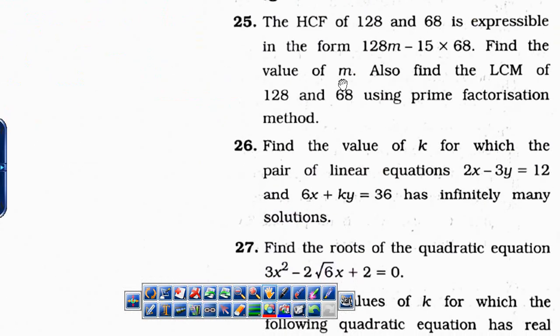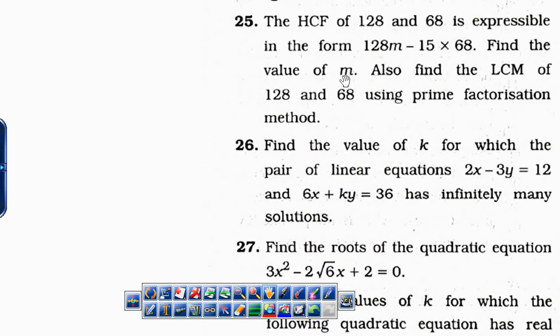Section B, 2 markers. HCF of 128 and 68 so and so. 128 को फैक्टराइज करो 2, तो 64. तो 128 के अंदर 7 दुगे है. 68 के अंदर क्या है?